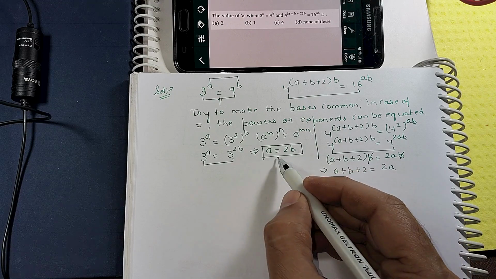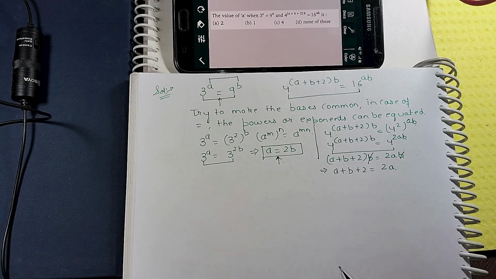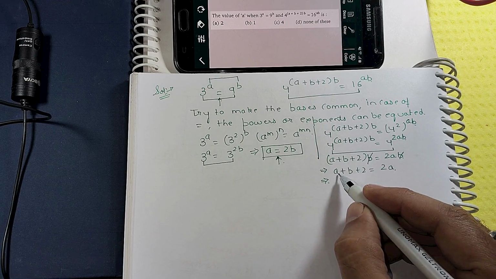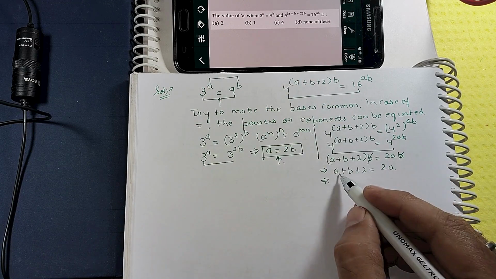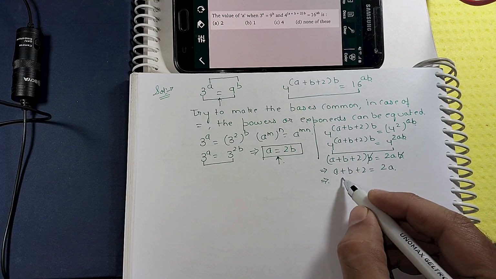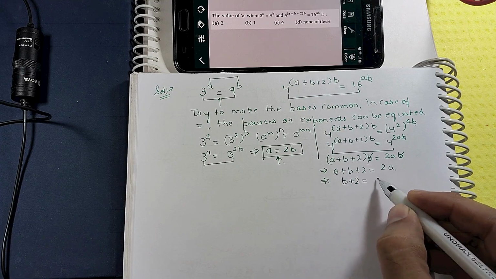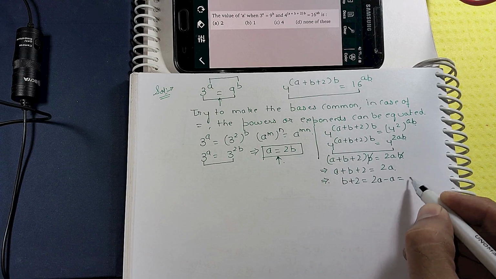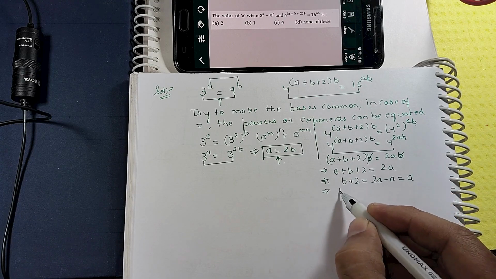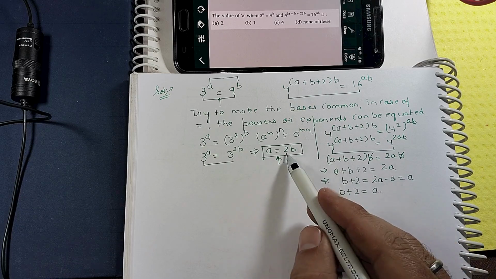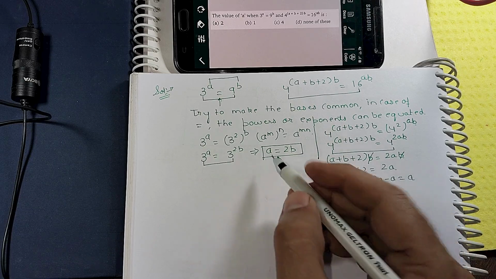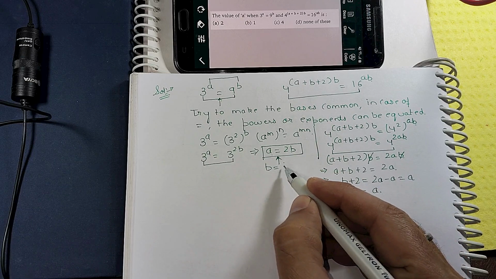Now from the first I know that a is equal to 2b. Shifting this a to this side, because we need to find the value of a, this will become b plus 2 is equal to 2a minus a, which is equal to a. Or I can write b plus 2 is equal to a. Now since 2b is equal to a, I can write b is equal to a by 2.